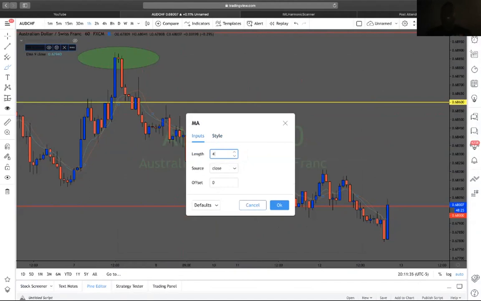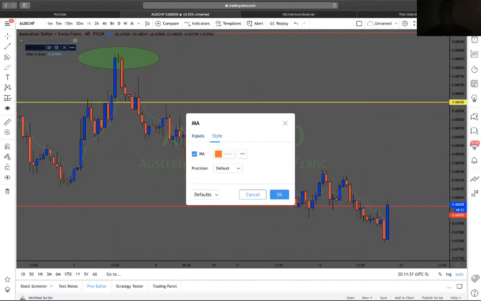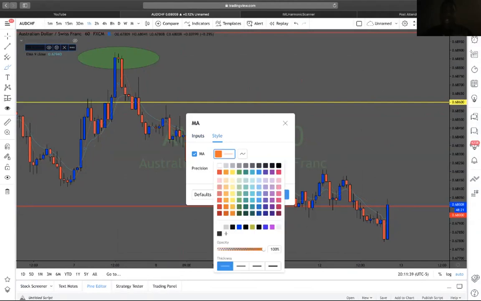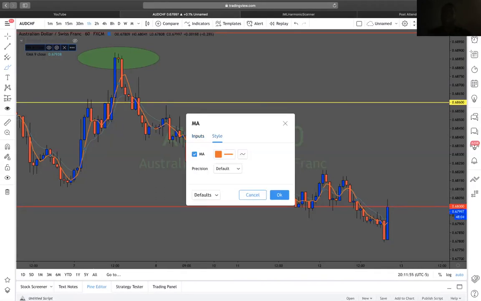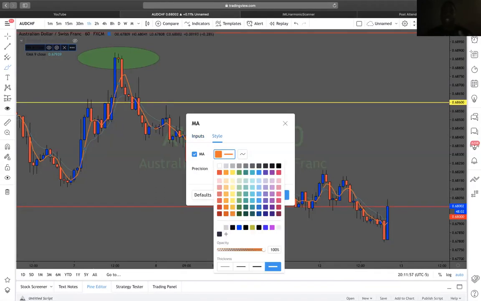Then you're gonna go over to style. For my style, I like to keep it orange, but I increase the thickness because the line looks really flimsy, and when you increase the thickness, it's way easier to see. I'm gonna repeat this one more time: for the moving average, you're changing the length from 9 to 4. And for your style, you can make it whatever color you want, but make sure you increase the thickness so the line is easy to see.